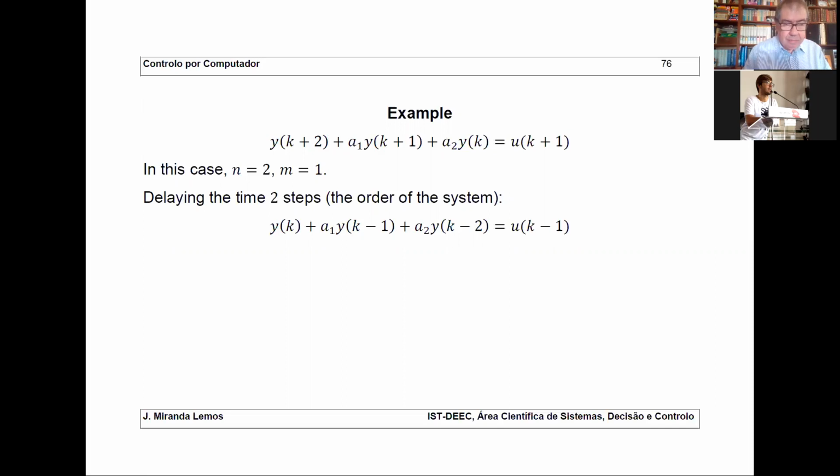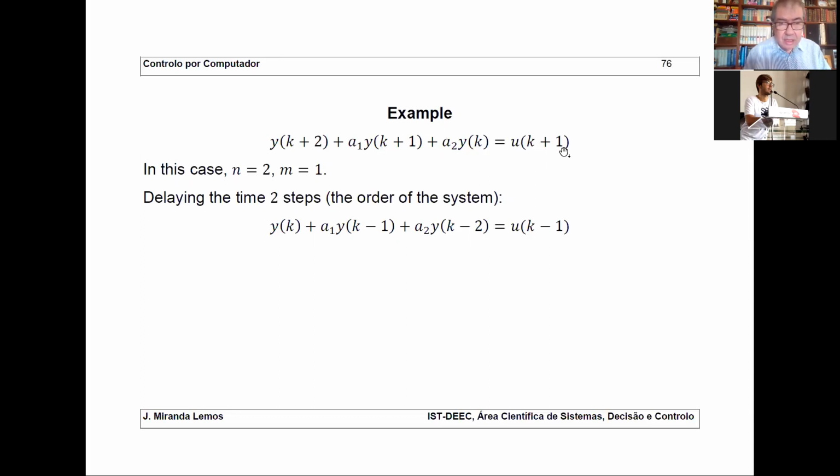the second order example. Now, remember that I could have been a bad boy, and I could have written y of k plus 7, for instance, plus a1 y of k plus 6 plus a2 y of k plus 5 equals u of k plus 6.